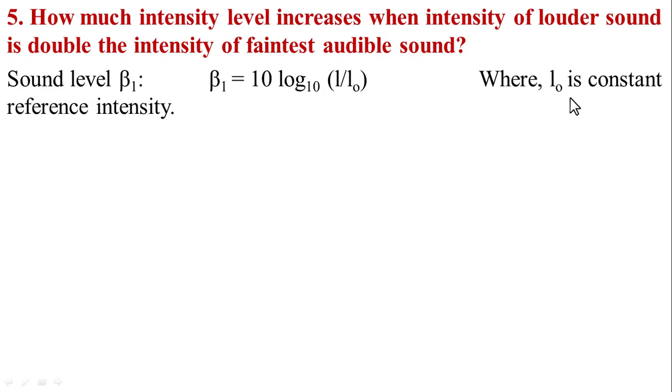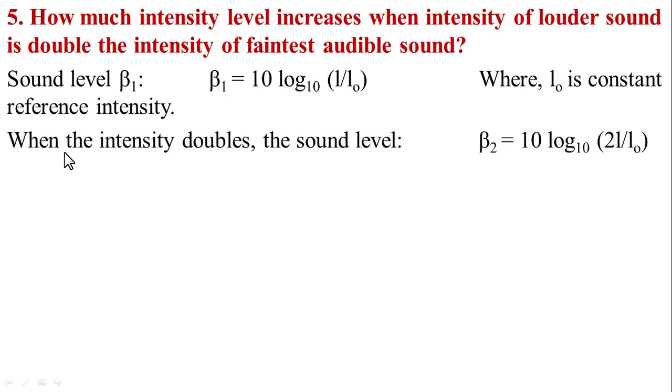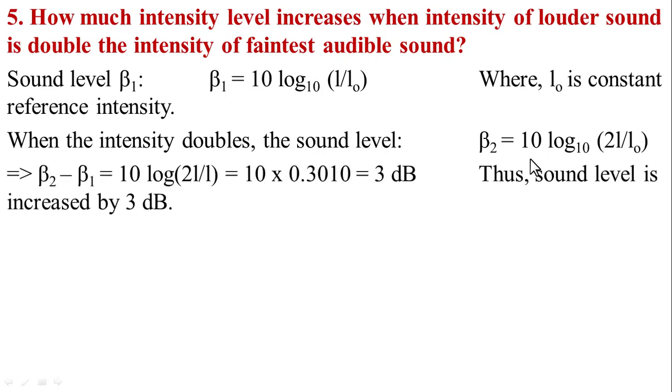Here I naught is the constant reference intensity. Now when the intensity is doubled, the sound level will be beta 2, equal to 10 log of 2I over I naught. Here we can take the difference between them: beta 2 minus beta 1 is equal to 10 log of 2I over I naught.